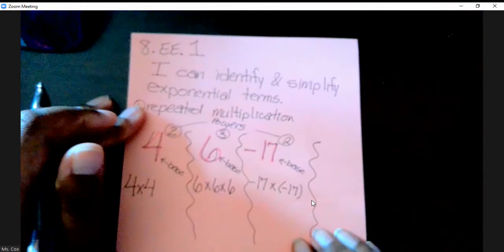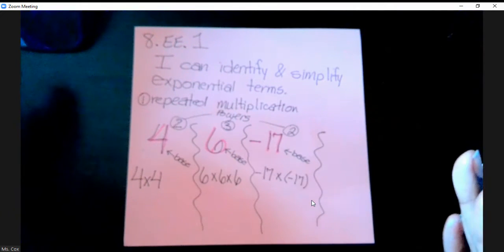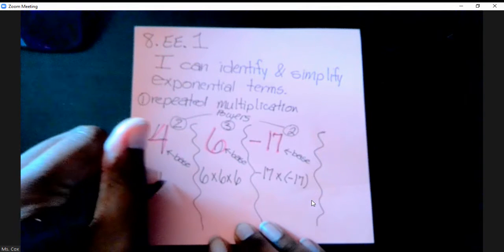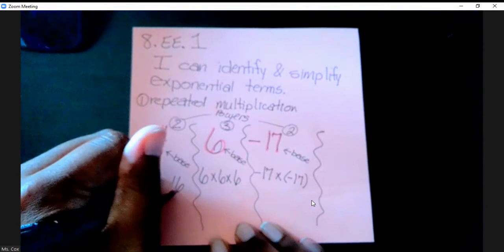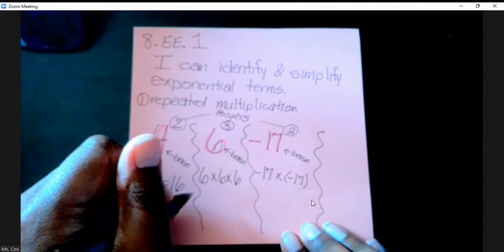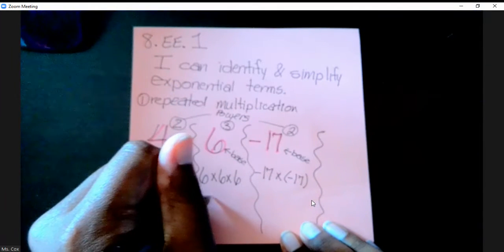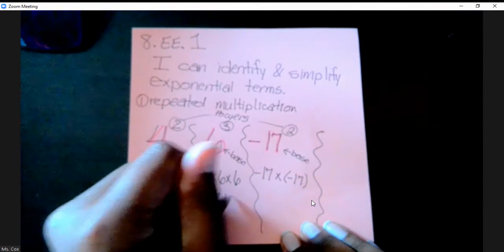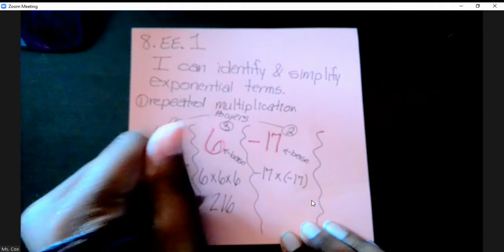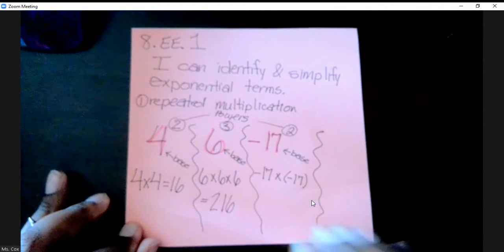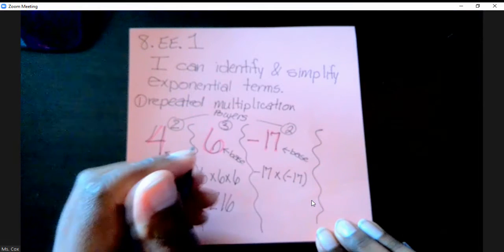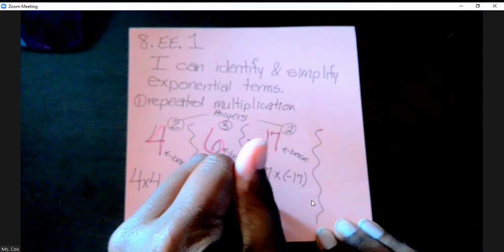So now what we have set up here, they're just multiplication problems. So 4 times 4 is 16. 6 times 6 times 6. Well, 6 times 6 I know is 36. Times 6 is 216. Put my equal sign there since I wrote rather large. And negative 17 times negative 17.